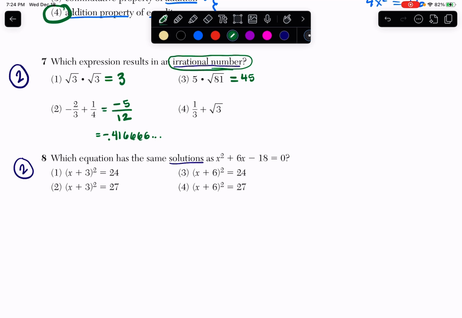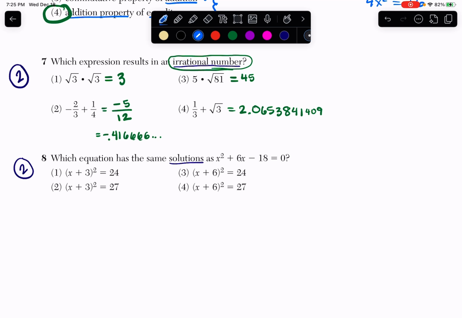And then lastly, if I type in 1/3 plus the square root of 3, I get 2.065384101409.